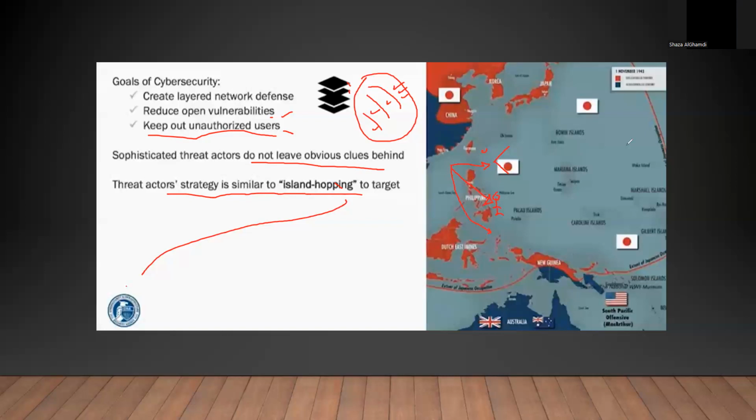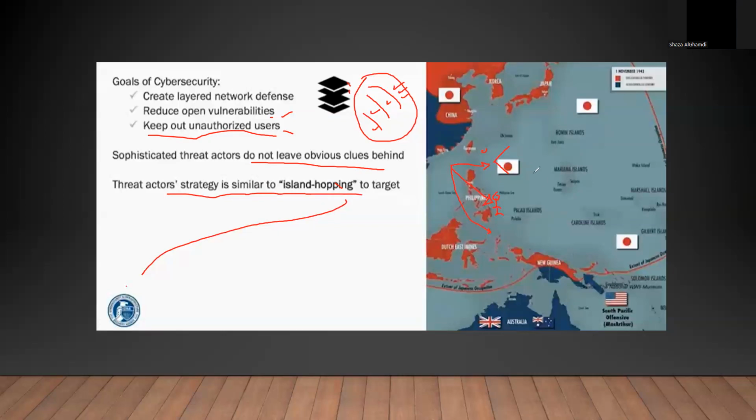This goes back to the Second World War, guys. Maybe some of you have read about it. The United States was at war with Japan.